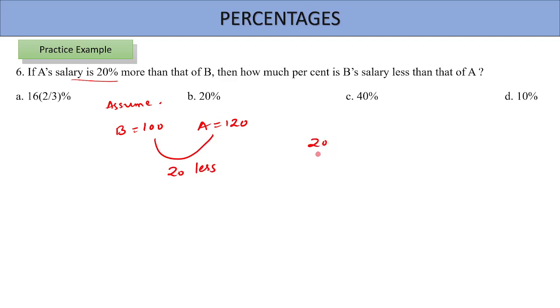So we have to express this in the form of percentages with my base as A salary. So A salary is 120 and this goes into 100, which is 1 by 6 into 100. And I know 1 by 6 is 16.66 percentage, which is option A. I hope this sum is also clear. A very simple sum.